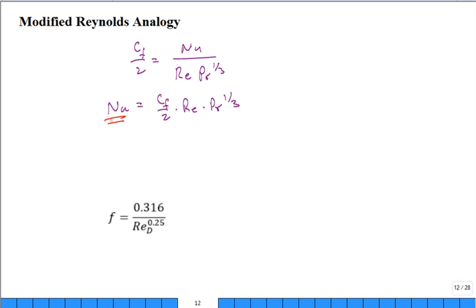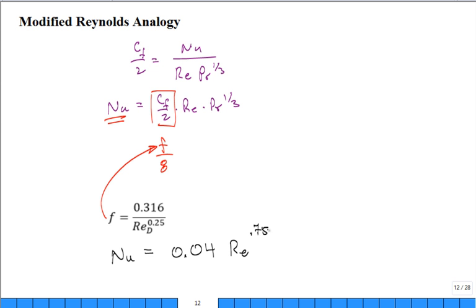And so this number is friction factor over 8. If I use the Blasius correlation, what I pick up is that the Nusselt number is equal to 0.04. I know there's some other digits on there. Reynolds to the 0.75, Prandtl to the 1/3.